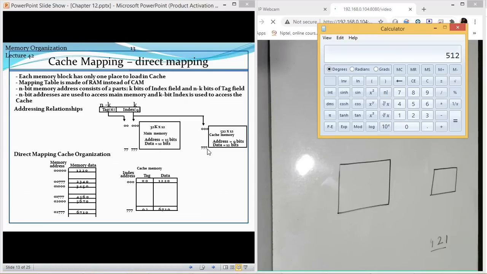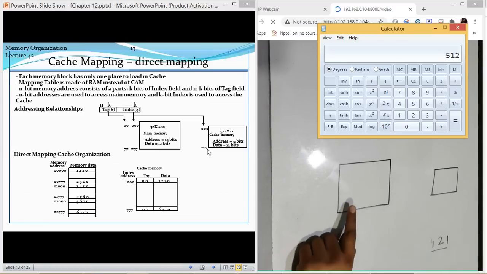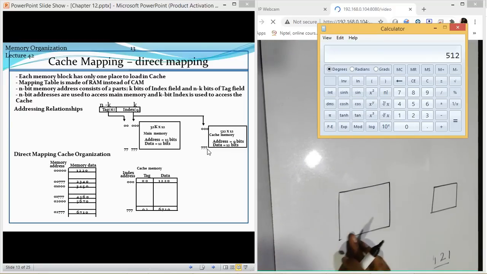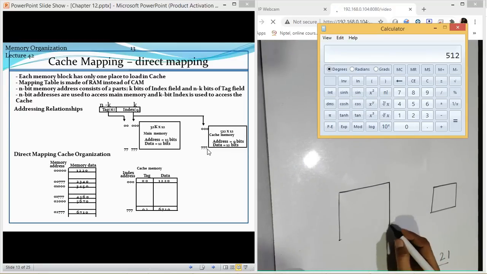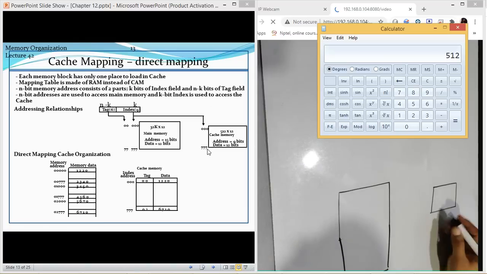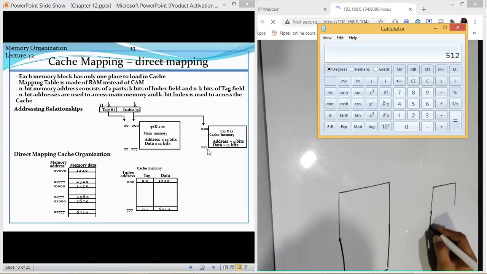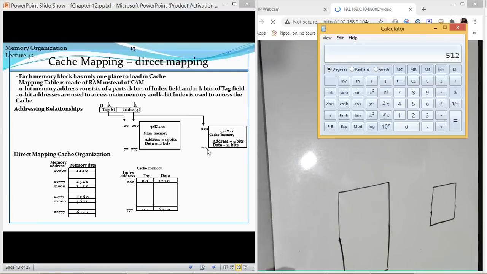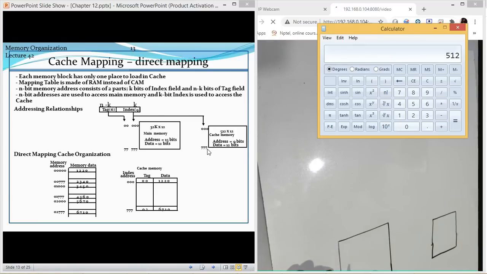So in direct mapping, this is a larger memory and there are 32K values in it, and this is a smaller memory in which we are going to store the content. Now this memory is of 32K bytes, like in this example.